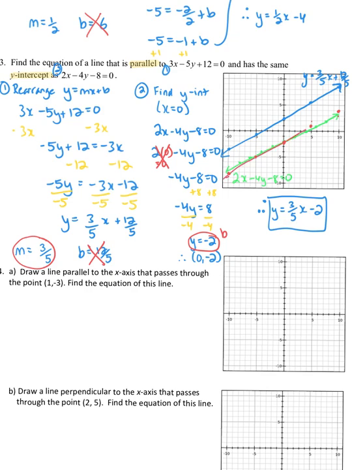And that is the new equation that we found. So you can see that this new line, this red line, is parallel to the blue line, and it shares the same y-intercept as the green line.